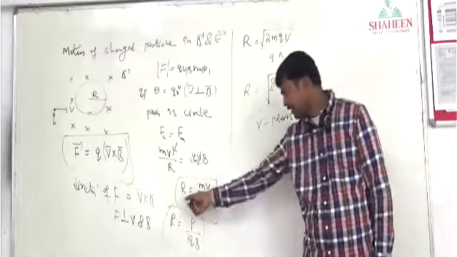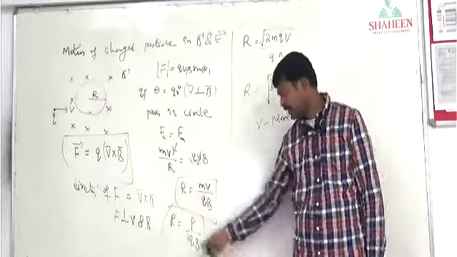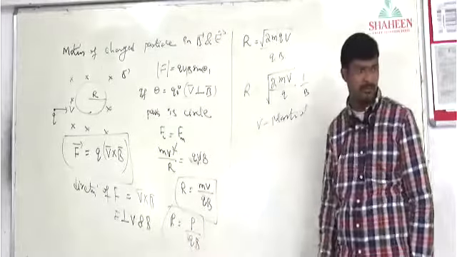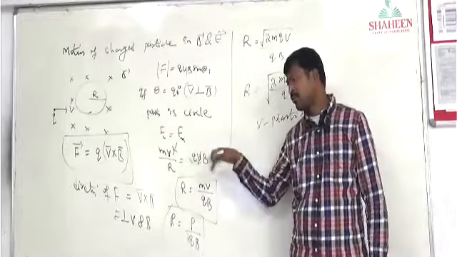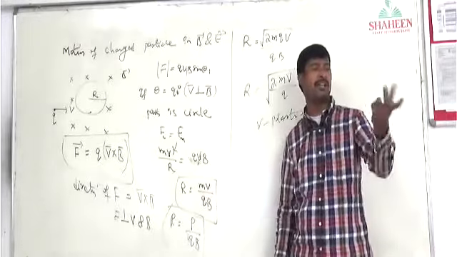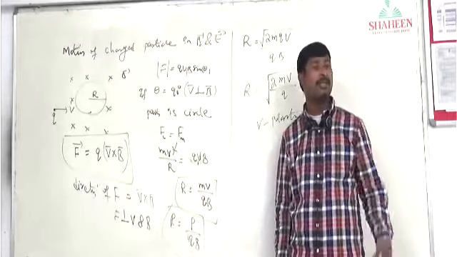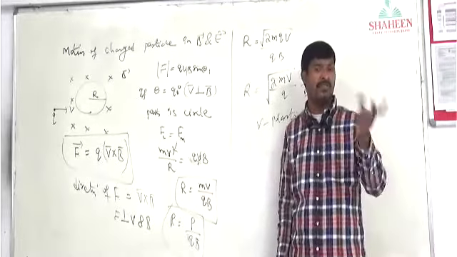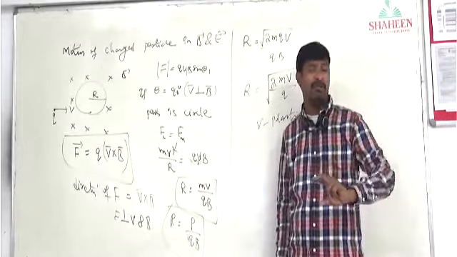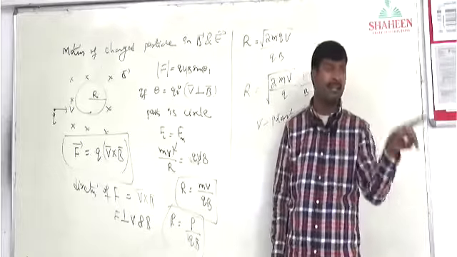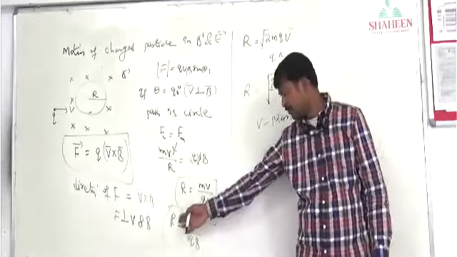R is directly proportional to momentum and inversely proportional to charge. So the question will be based on this, like a comparison of the radii of an electron, a proton and an alpha particle. They will ask which has more radius, which has smaller radius, or which will deviate more and which will deviate less. You can calculate that by radius only.